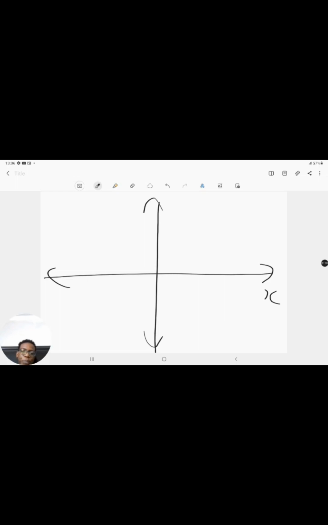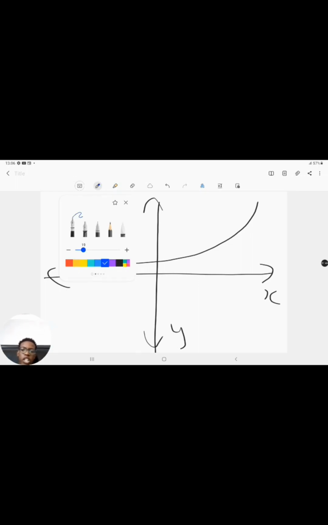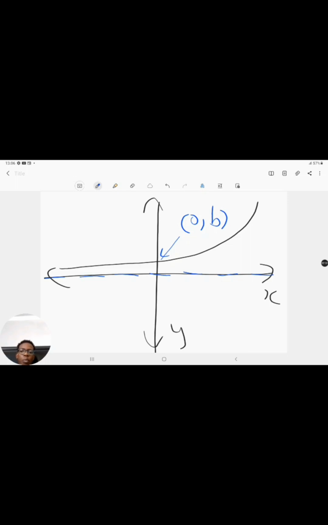And we noted in the previous video that, if this is the original, then what that variation does is that it changes the y-intercept, where the x stays the same and the y-intercept is b. Okay, and we've also noted that the horizontal asymptote stays the same for the variation. So b is the b in the equation, b times a to the power of x. All of this was covered in a previous video.